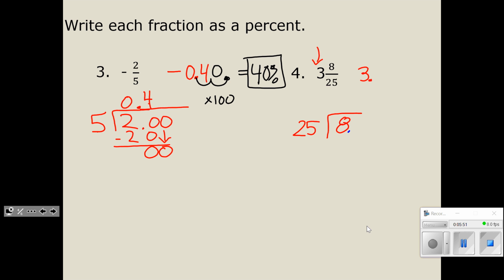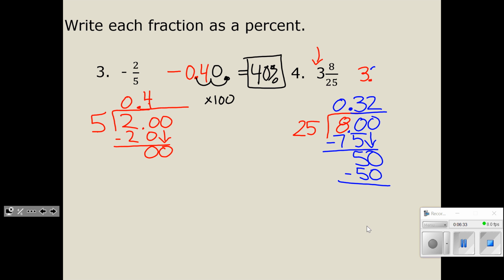I'm going to add my decimal and some zeros. 25 goes into 8 0 times. 25 goes into 80 3 times. 3 times 25 is 75. Bring down the 0. 25 goes into 50 2 times. 2 times 25 is 50. And we are finished.